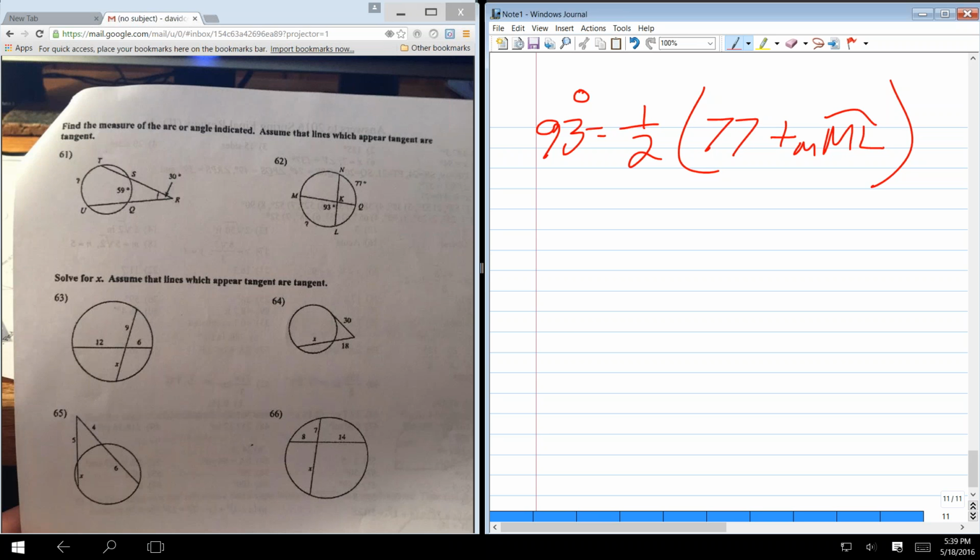The only difference is 62 has nothing but angles and degrees on it. 63 has nothing but segment measurements. So what's the general formula for 63? What can I say when I have two intersecting chords inside the circle? Excuse me, intersecting chords, not arcs, chords.